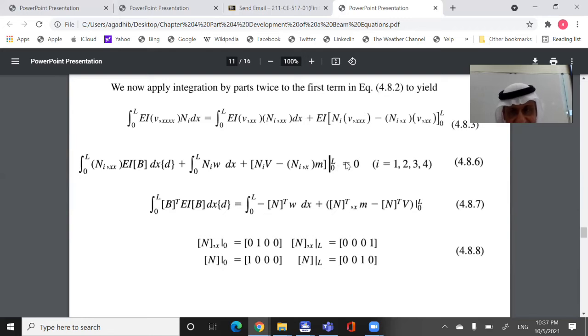If you multiply EI times the second derivative, you will get the moment. And if you multiply EI times the third derivative, you will get the shear. Look, we replace with M and V. Okay, moment and shear. Anyway, how many equations? Can you tell me how many equations this is? What is N transpose? Is it a column or a row?